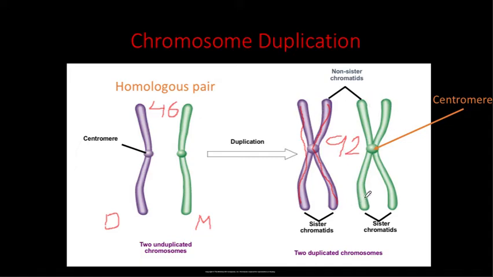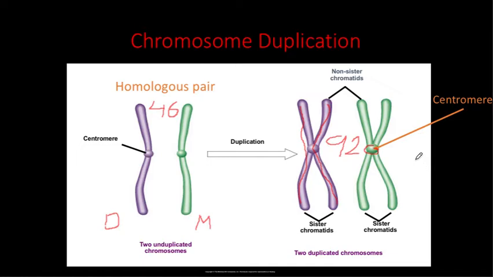And these duplicated chromosomes, we call them sister chromatids. So this one is a copy of this one, and this one is a copy of this one, and we call them sister chromatids. They're joined in the middle by a structure called the centromere, and that's to keep things orderly.